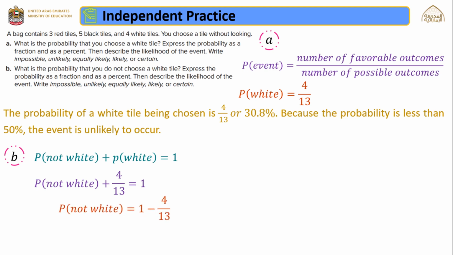We solve this equation by subtracting 4/13 from both sides. The probability of not white is 1 minus 4/13, which equals 9/13.